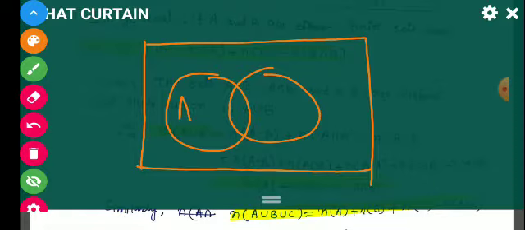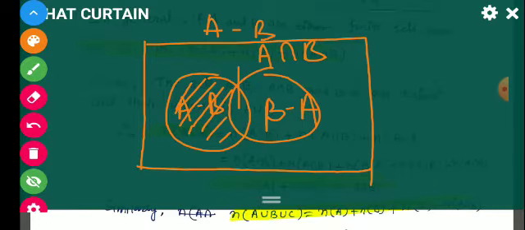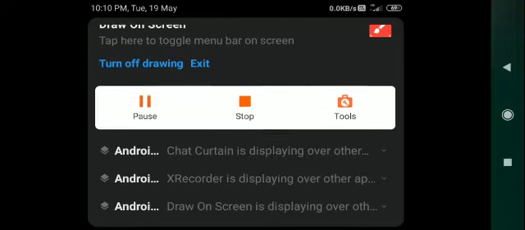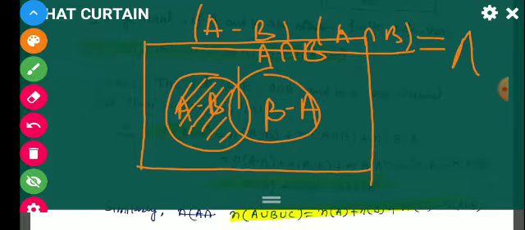If we draw two sets, this part is A minus B, this part is A intersection B, and this one is B minus A. You can observe here that this represents the elements of A and this one represents the common elements of A and B. So A minus B and A intersection B together make set A.